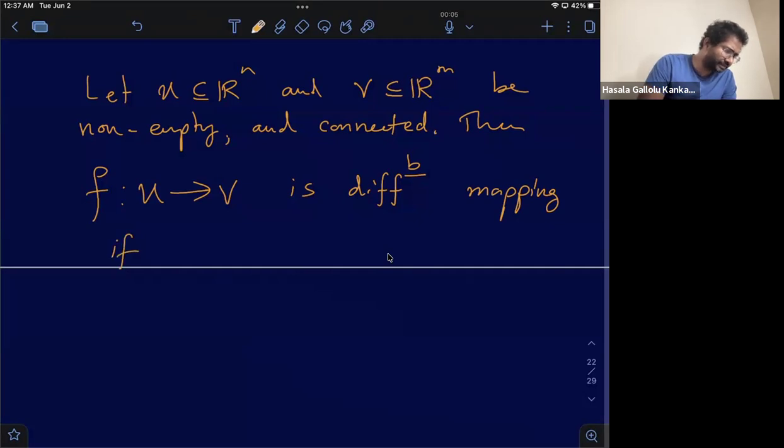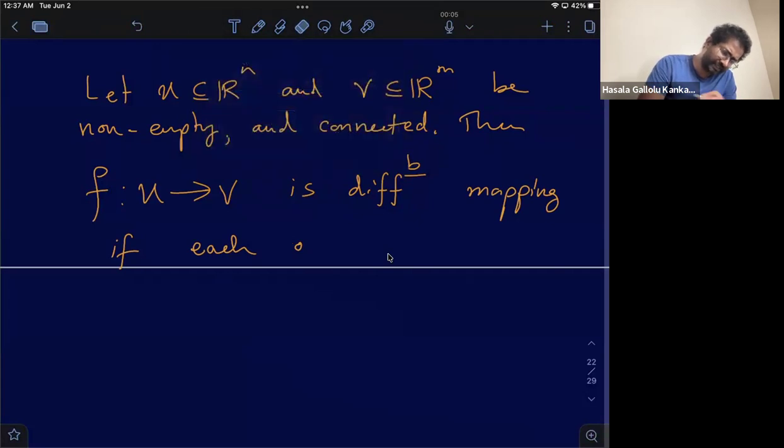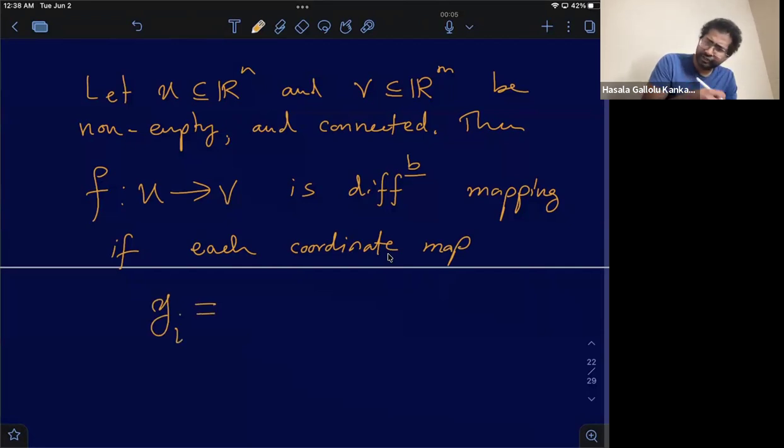If we have this: each coordinate map. Now look at this, in the image space you have m coordinates, right?